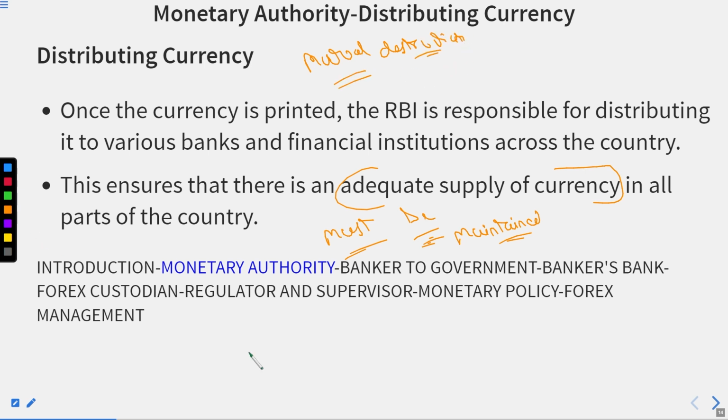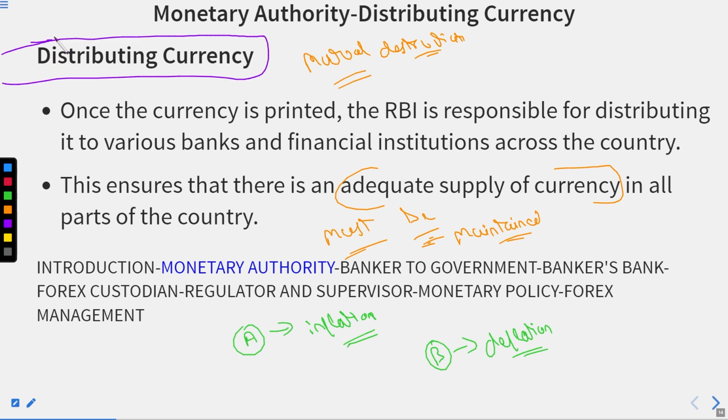Because the sector in which it was in excess will experience inflation. Okay, the sector in which it is in scarcity will experience deflation. Got it? So remember, distributing currency is also the task of the RBI.